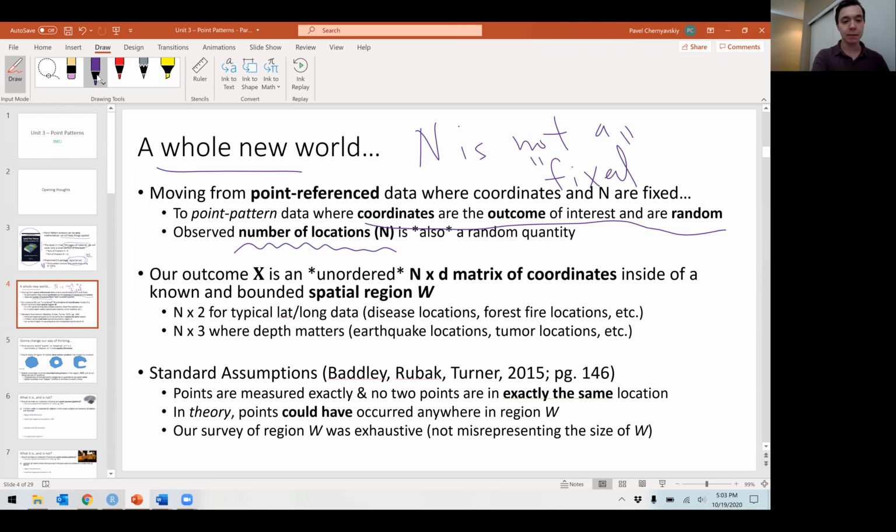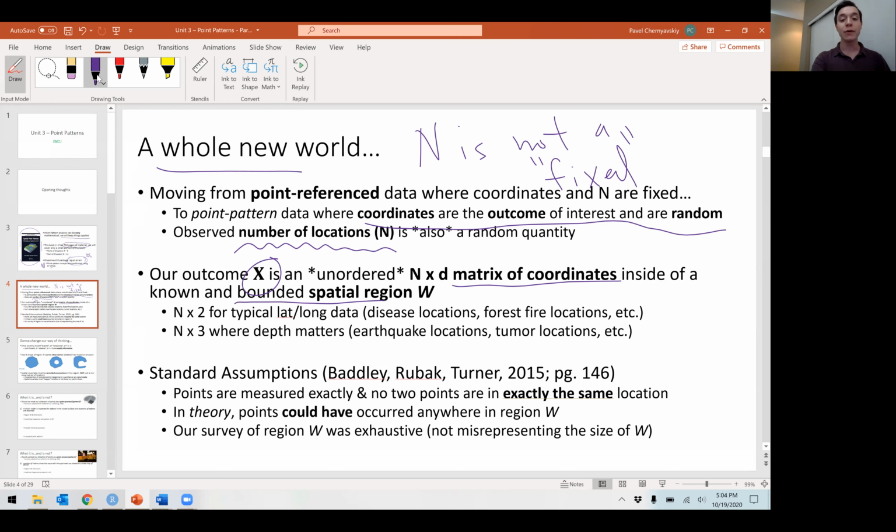So usually X is a covariate here, just to match the notation that exists in a lot of the literature and a lot of the books out there. We'll be using X, this bold X, to denote our observed set of coordinates, our matrix of coordinates. If you think about it, because the locations themselves are of interest, we have an inherently multivariate outcome.